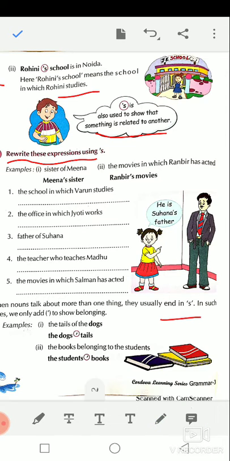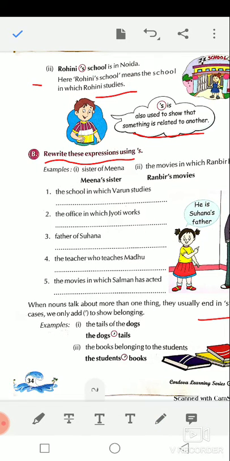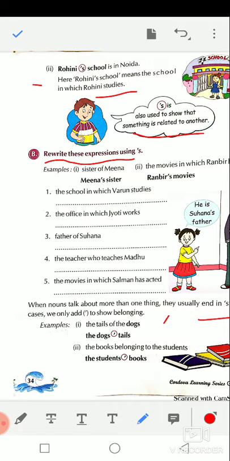So when we talk about plural nouns, mostly they end in S. So in such cases we have to add only an apostrophe. This is the sign. If S is already there, like in dogs, and we have to change it into possessive to show the belonging, as S is already there, we have to add only an apostrophe.